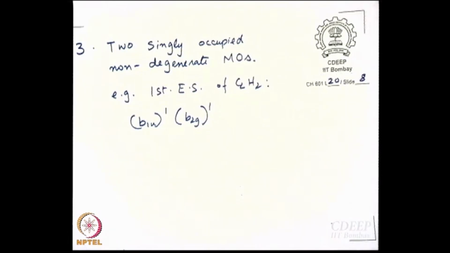So, if it is B1U 1, B2G 1, what should it be? What is the name of the state? Why A to U?